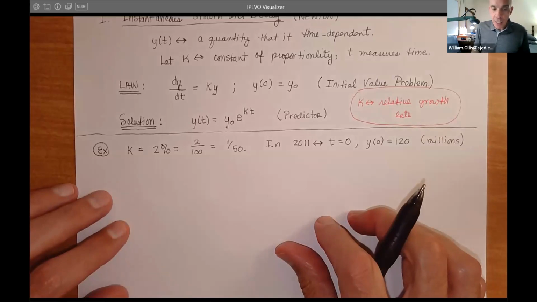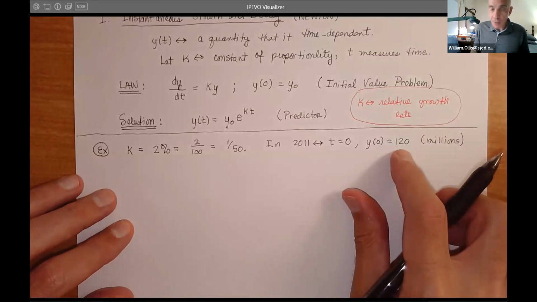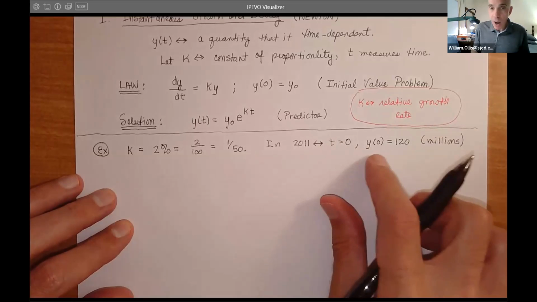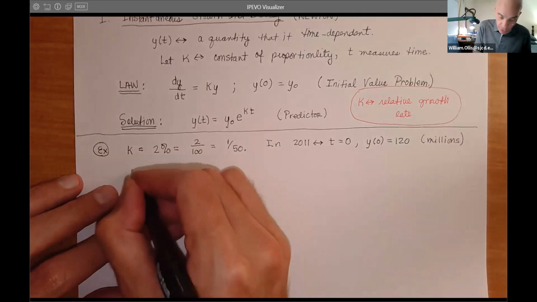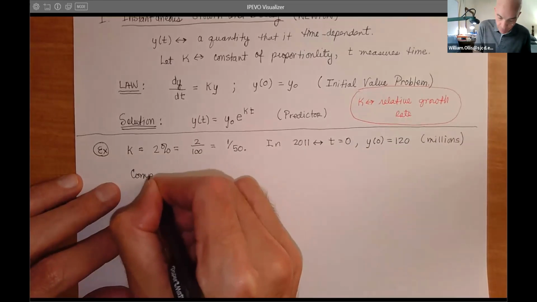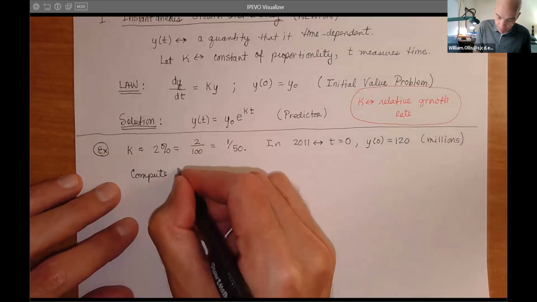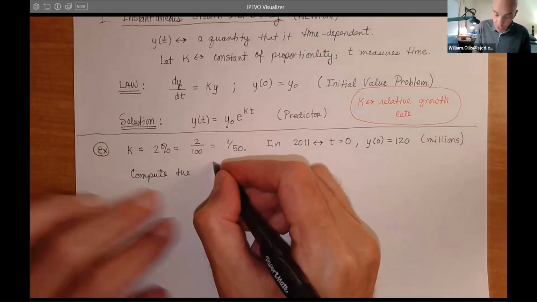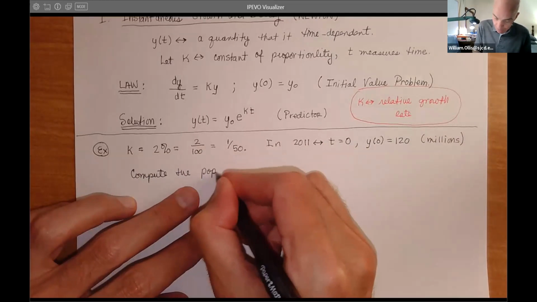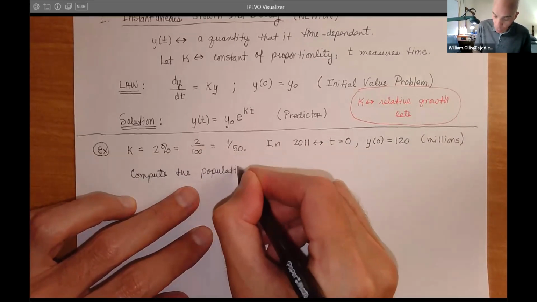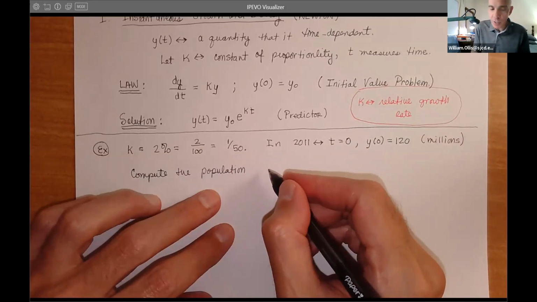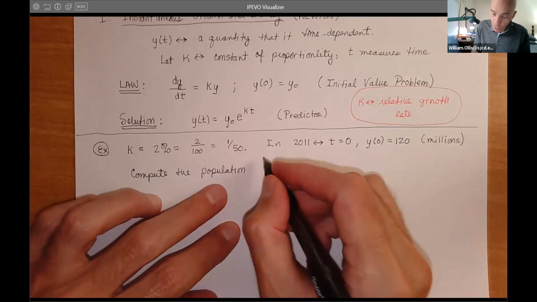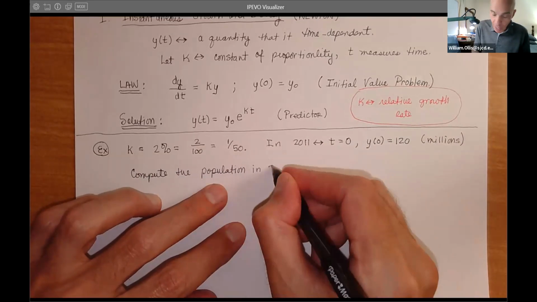So basically, this is a population, that is, in this case, our y of t is measuring a population, and what we want to do is compute the population, assuming that we have the growth and decay law. Again, all the problems will tell you which law you're using. You don't have to come up with that. Compute the population in 2034.